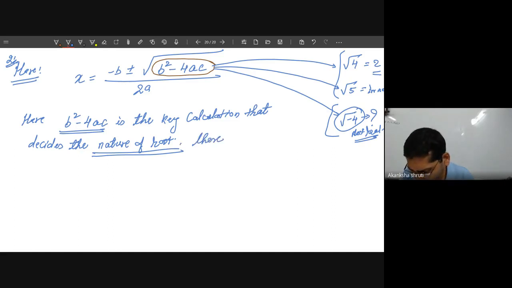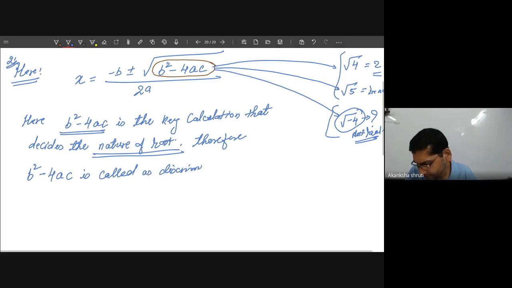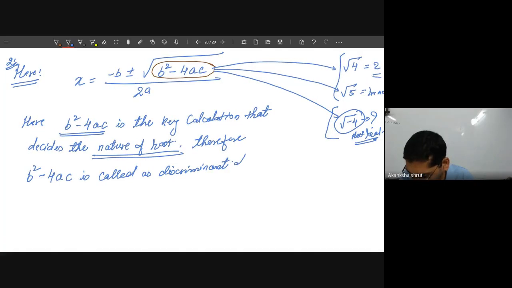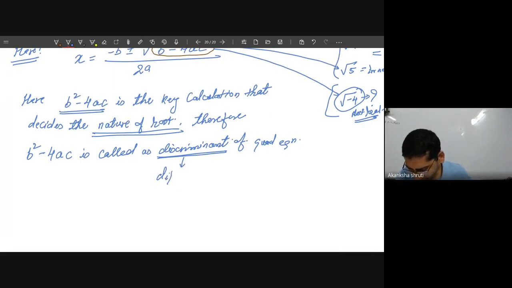Therefore, this term is called the determinant, or basically the discriminant. Therefore, b square minus 4ac is called the discriminant. You know, discriminant means that which can differentiate the quadratic equation, that creates the difference or determines the type of root.